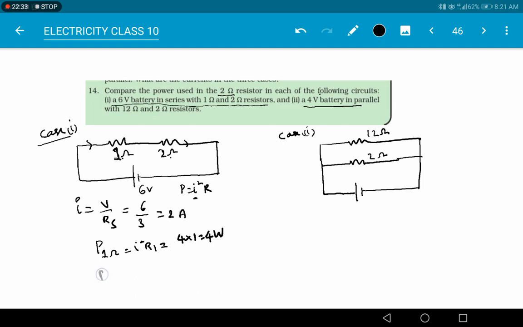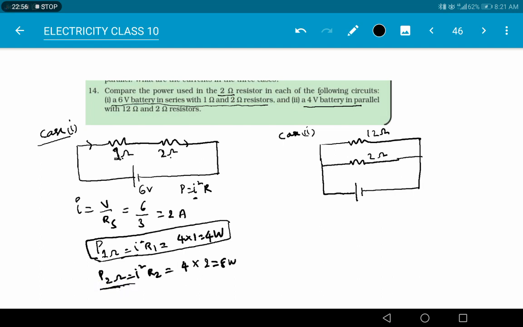And power consumed by the 2 ohm resistor, I square into R2, 4 into 2, 8 watt. Sir, why are you calculating for 1 ohm? For your idea I am calculating. If they ask for 1 ohm also, we can do it like this. So power consumed by the 2 ohm resistor is 8 watt.